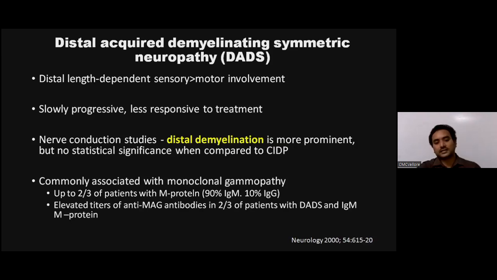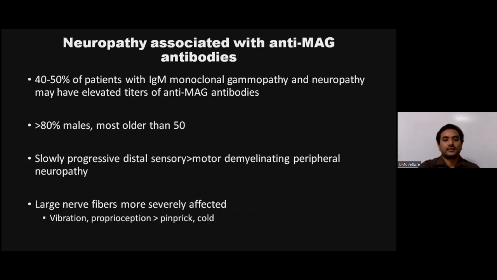And as I said, elevated titers of anti-MAG antibodies can be found. Usually the phenotype is older than 50, most patients are males, and large nerve fibers are most severely affected, so vibration and proprioception are affected more than pinprick.